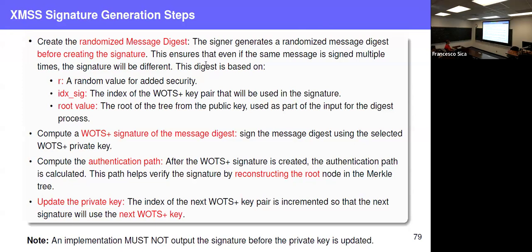In the XMSS verification process, we recreate the randomized message, compute the WOTS public key, derive the corresponding leaf, reconstruct the candidate root, and then compare it with the shared root.